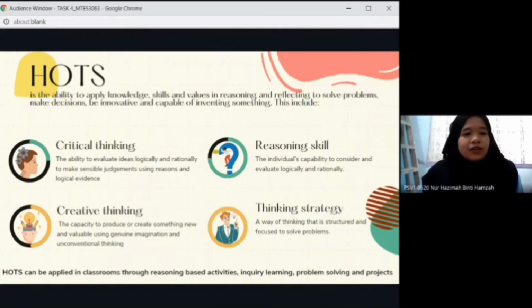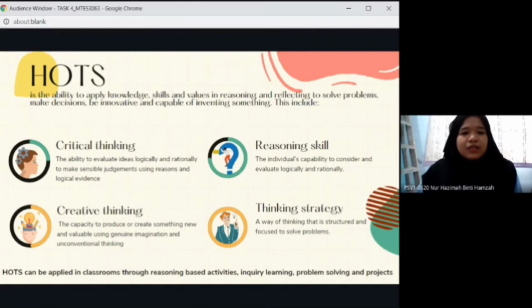Number two, creative thinking, which is the capacity to produce or create something new and valuable using genuine imagination and unconventional thinking. Then number three is reasoning skill, the individual's capability to consider and evaluate logically and rationally.